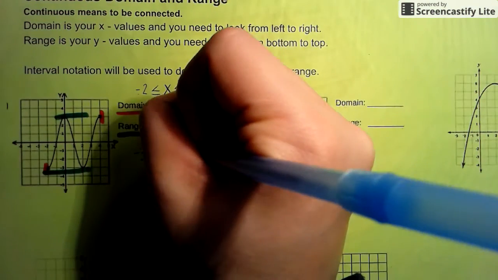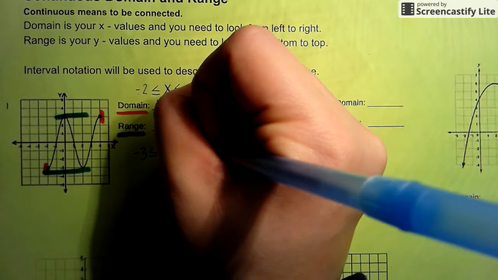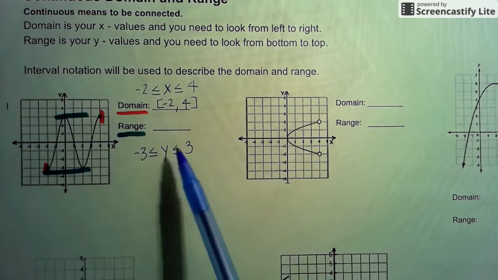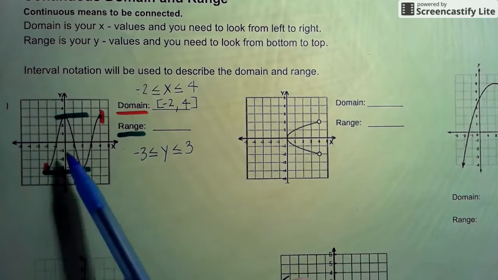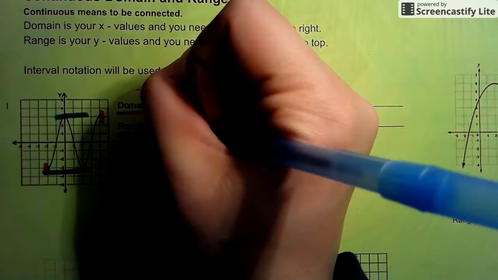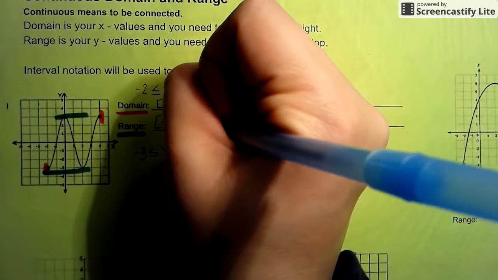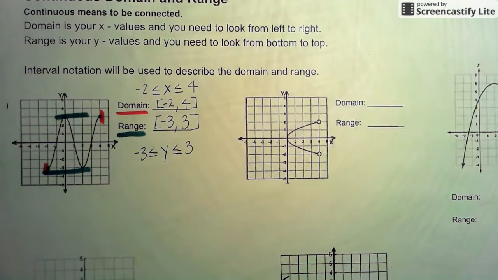The y values are between those two numbers. That's the lowest point, that's the highest point that it goes. And so I'm going to write it in interval notation. So I'm going to do a bracket because I'm including -3, comma, +3, bracket, because I'm including 3.